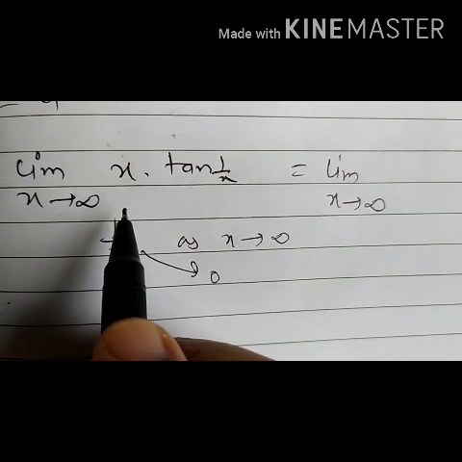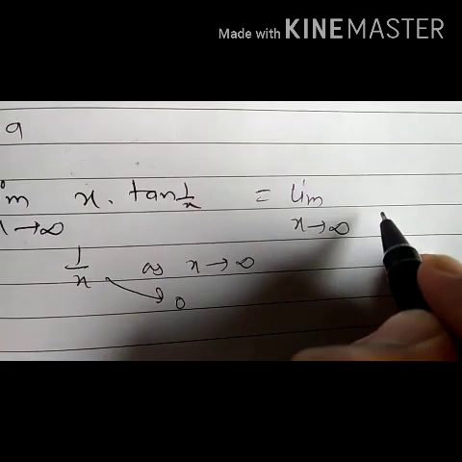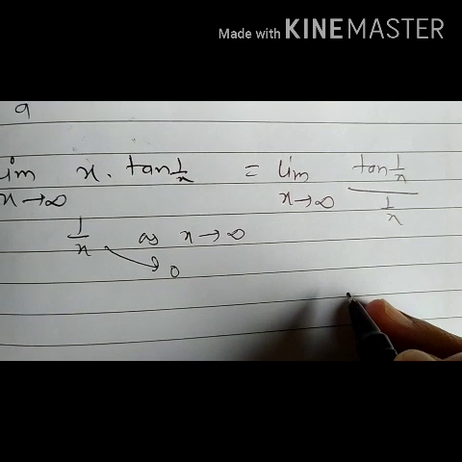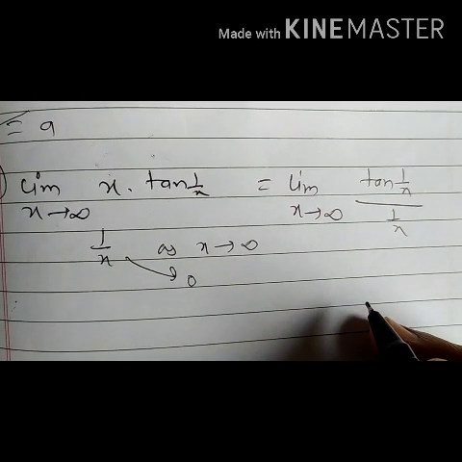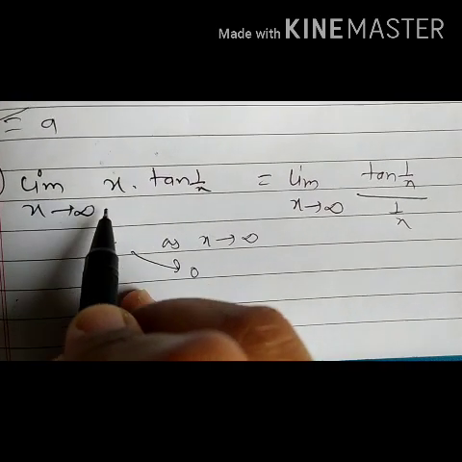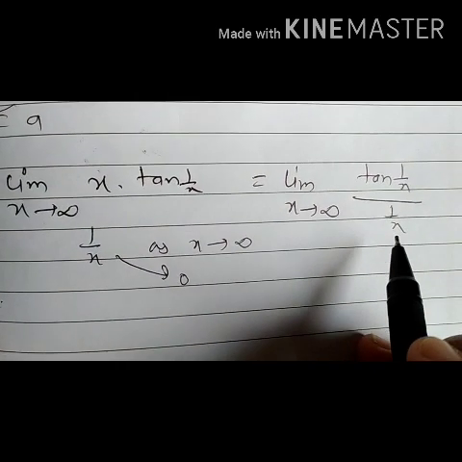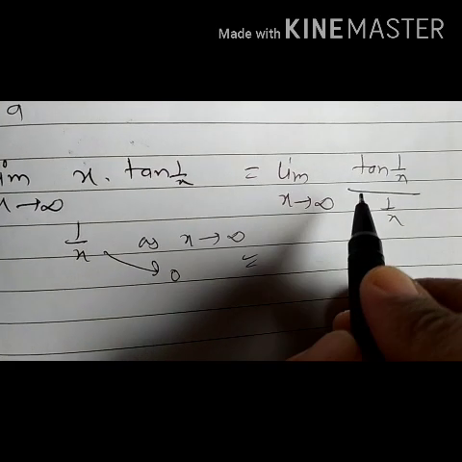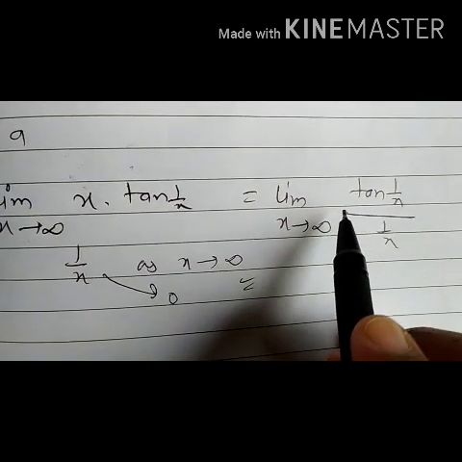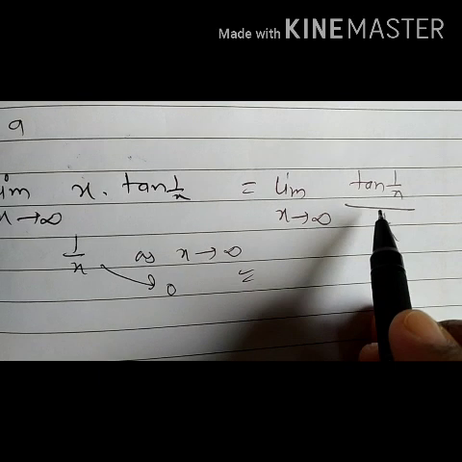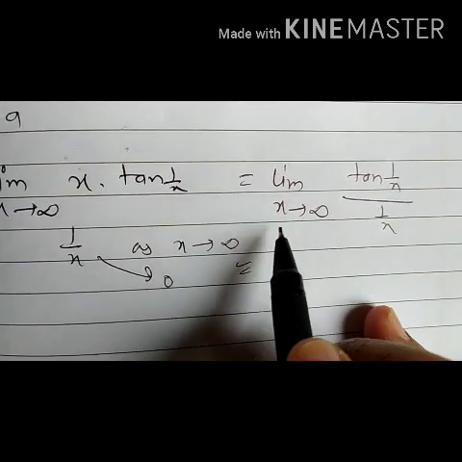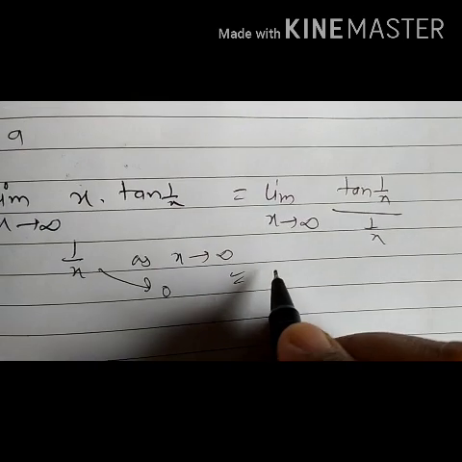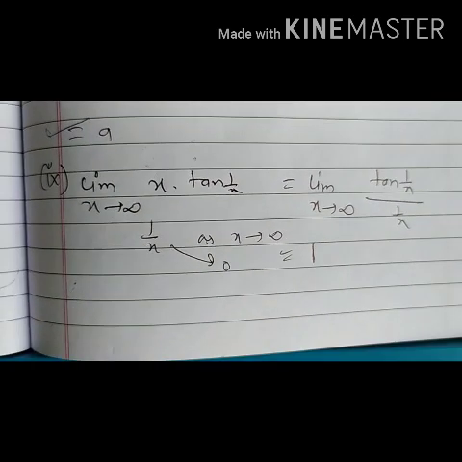So obviously this 1 by x will tend to 0. So we'll write tan of 1 upon x upon 1 upon x. Understood? We have not adjusted anything here. We have just written this x in the numerator in the denominator in the form of its reciprocal. So it will be equal to 1 clearly, because tan of the angle upon the same angle, and that angle is tending to 0 as x tends to infinity. Understood? So it is clearly equal to 1. No doubt.